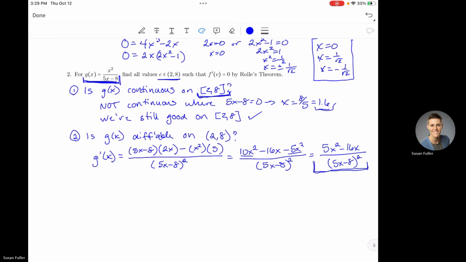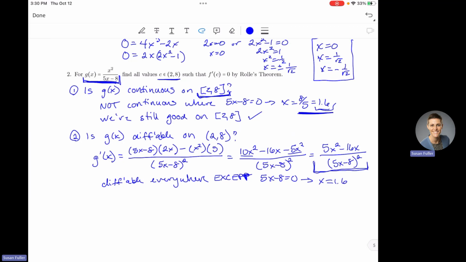Okay, so we're differentiable everywhere except where my denominator equals 0, and that's where 5x minus 8 equals 0. We just did this. X is 1.6, right? It's 8/5 or 1.6.